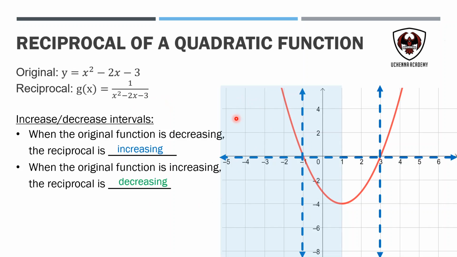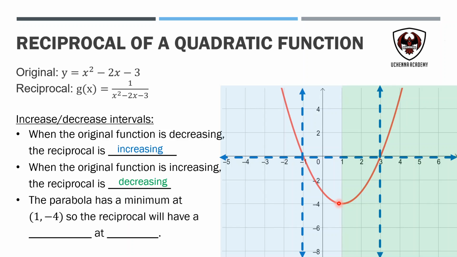So here I'm showing you the interval when the original function is decreasing, shaded in blue, and the original function is increasing in the area shaded in red, right? Because it's a parabola going up. So when the parabola is going downwards or decreasing, the reciprocal function will be going upwards or increasing, and vice versa. So the parabola has a minimum at (1, -4), and that's shown here.